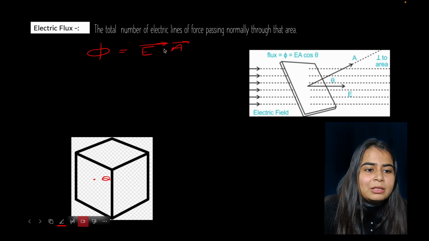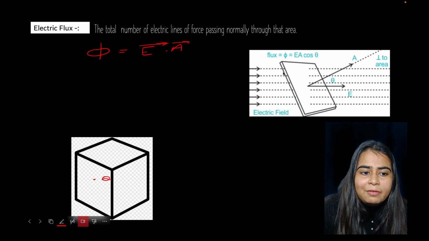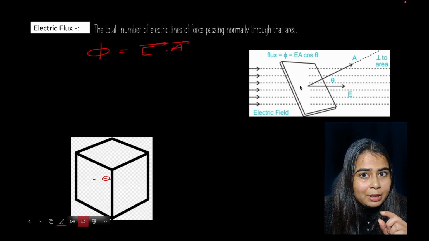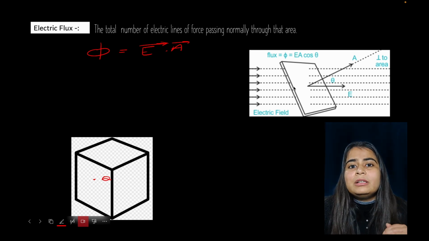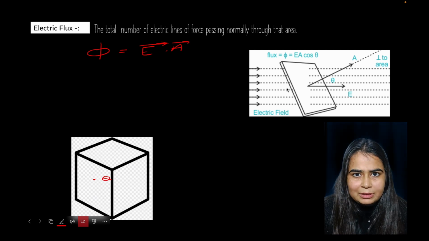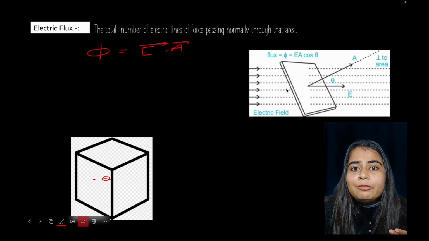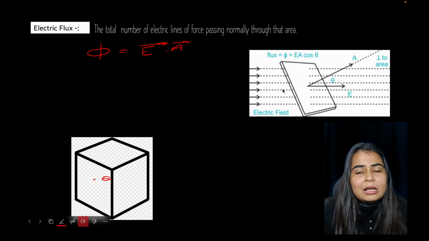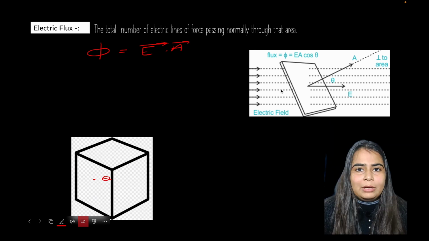Now you can see on the screen, this is a surface and the area vector is always pointed outward. Remember, keep in mind, the area vector always points normal to the surface. It means whatever the surface I have, the electric flux is calculated through the whole surface, and the area vector will always be normal to it.